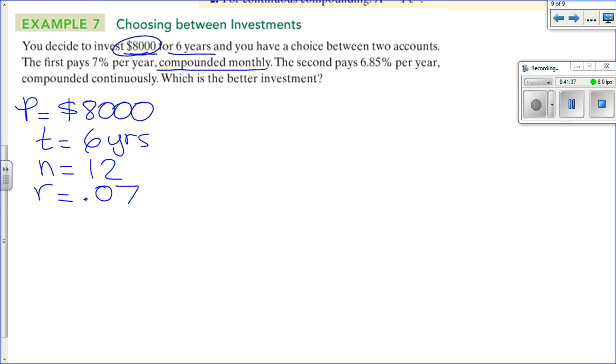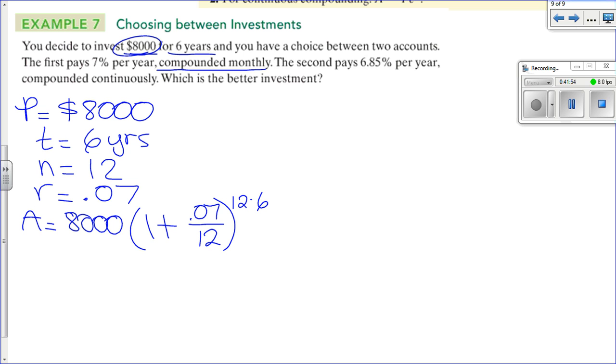All right, and we're going to use this formula: 8,000 times 1 plus the rate, which is 0.07, over 12, to the power 12 times 6. So it's this formula here. Yes, it's multiplying here.